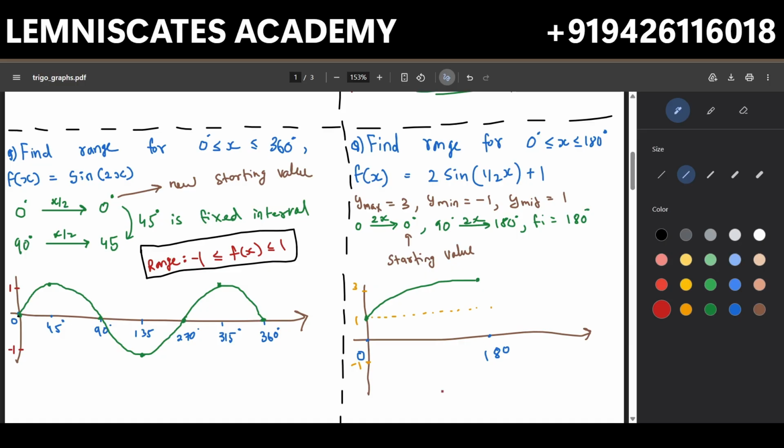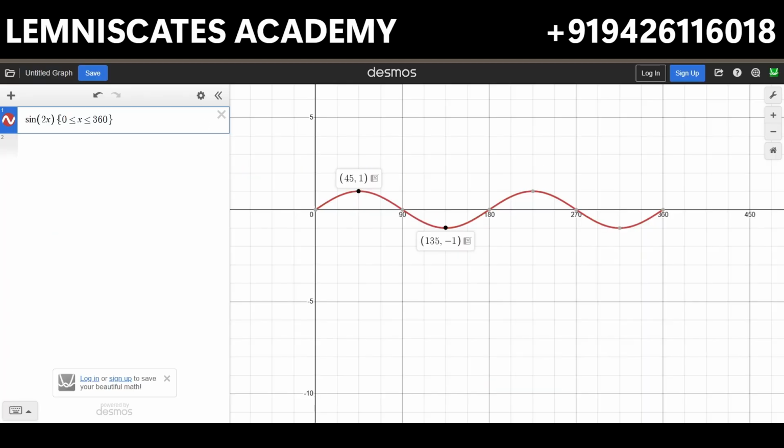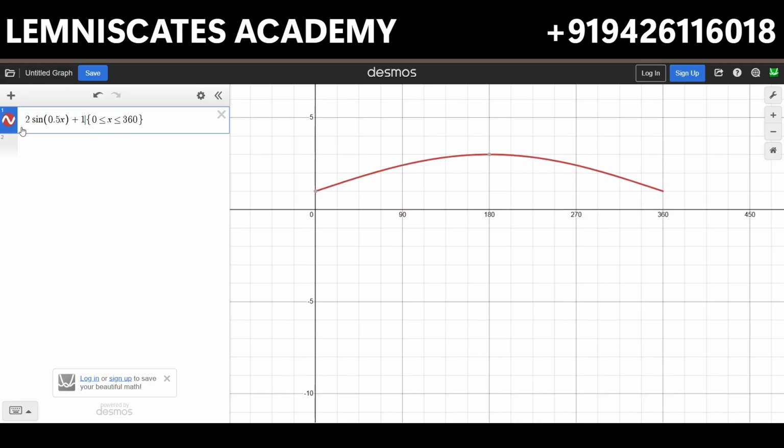So over here, you can say that the range will be in between 1 to 3. And I can also confirm this from Desmos. Let me go ahead and plot the graph for you. So 2 sine half x plus 1, and 0 to 180 is what we have to plot.